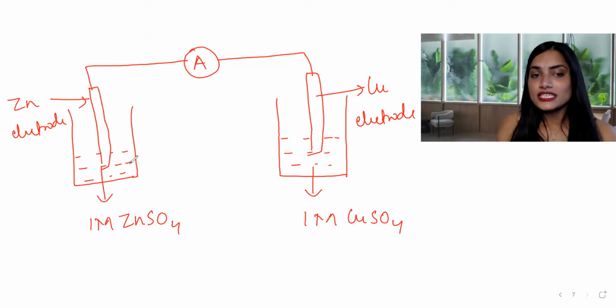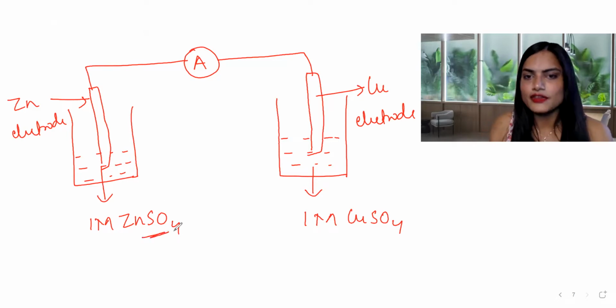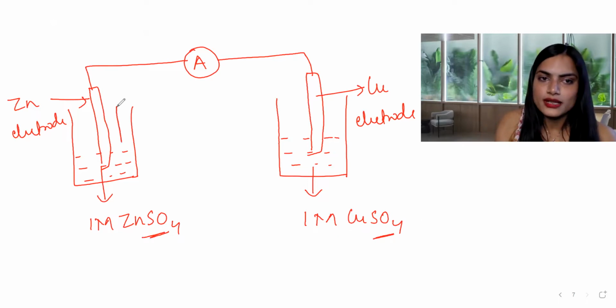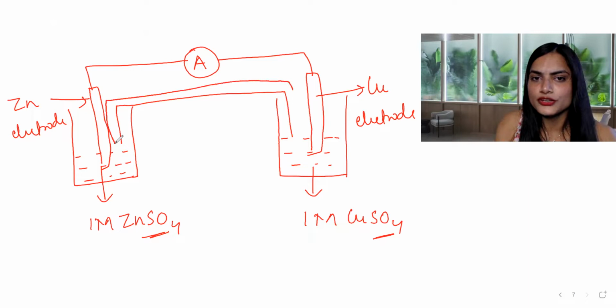Now these two electrolytic solutions, zinc sulfate and copper sulfate, are connected to each other through an inverted U-tube, and that inverted U-tube is known as the salt bridge.